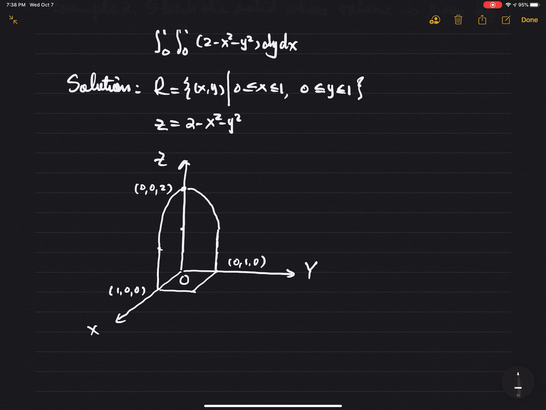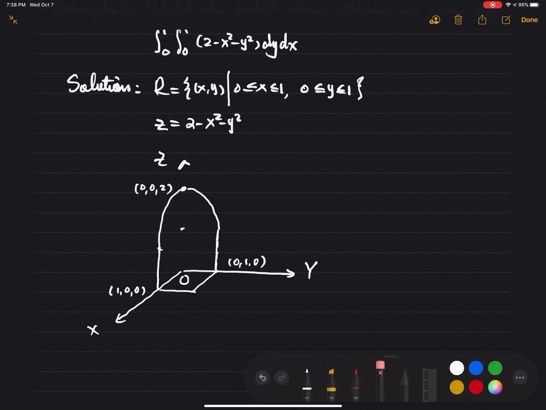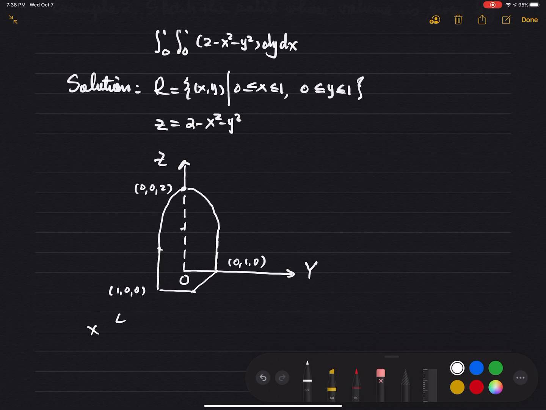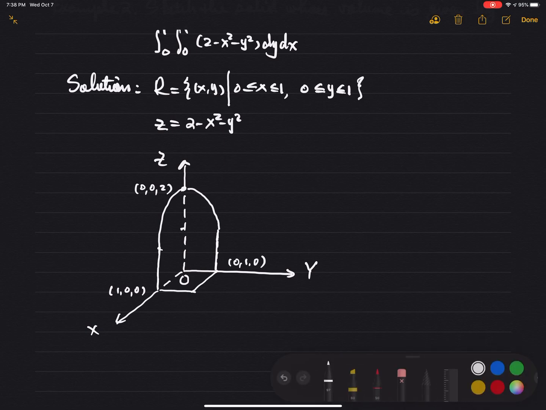Now let me see which part we cannot see. Here this part we cannot see.